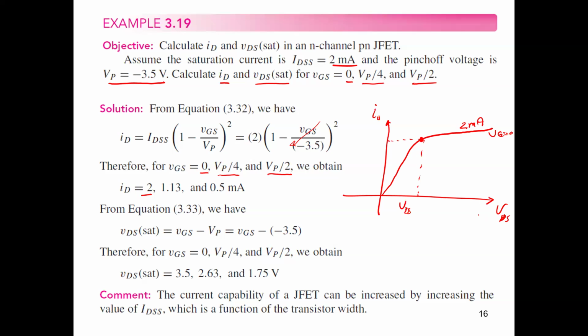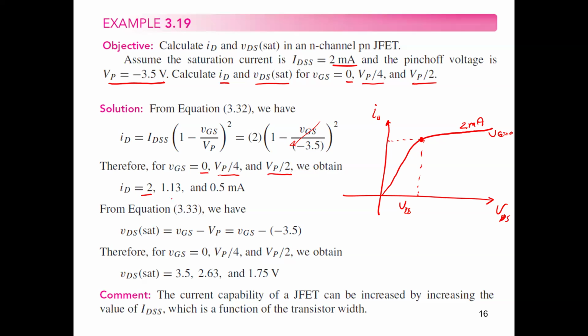If VGS equals VP over 4, this term will be a quarter, so 1 minus a quarter, all squared.